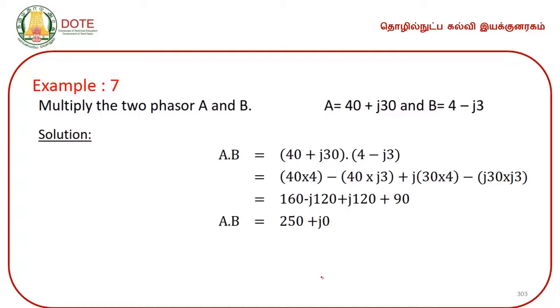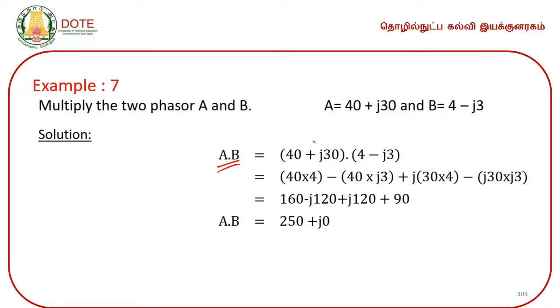Before that, what we have seen is we cannot add polar quantities, we cannot subtract polar quantities. They need to be converted to equivalent rectangular form and then you should proceed with the operation, whereas the multiplication of two rectangular quantities is very much possible, and we are going to show how it is done.